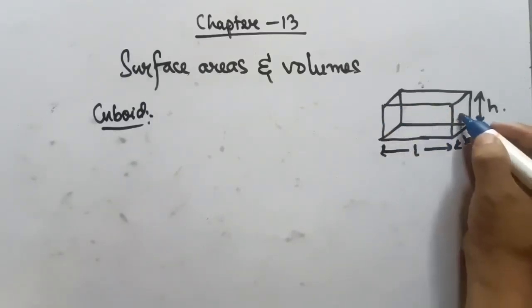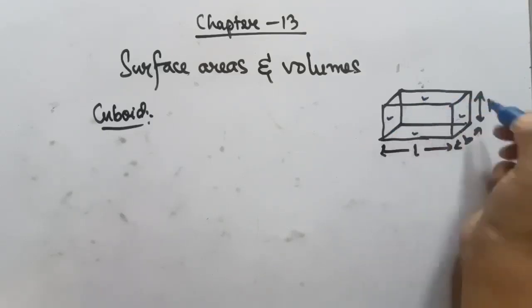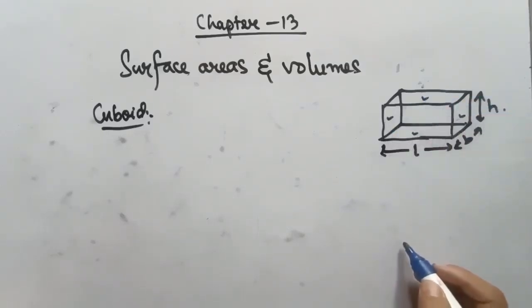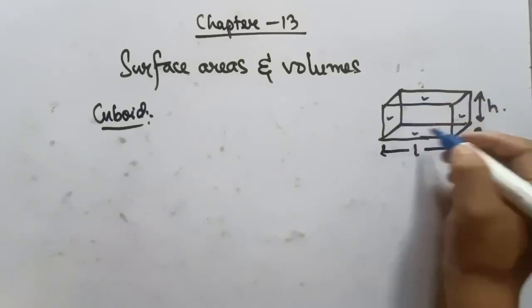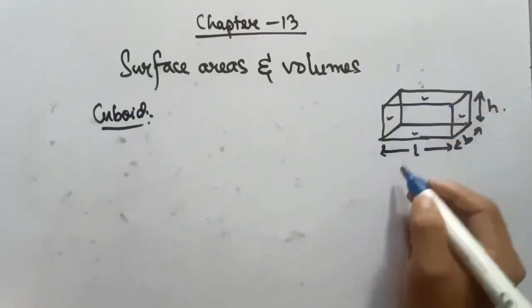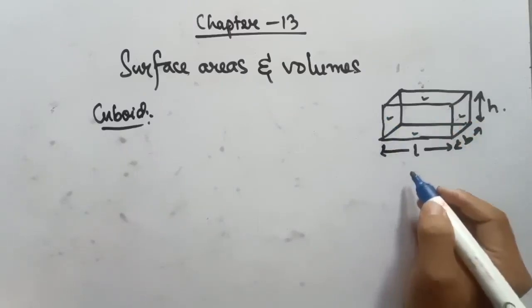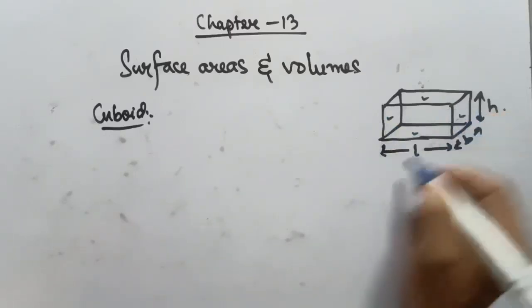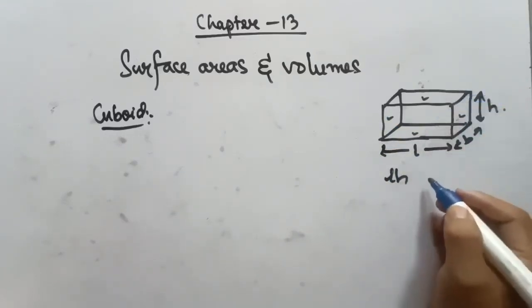That is, the right face will be equal to the left face, top face will be equal to the bottom face, and the front face will be equal to the back face. So the surface area will be the area of these six rectangular faces. Considering the front face, the area will be length into height. The back face will also be length into height.